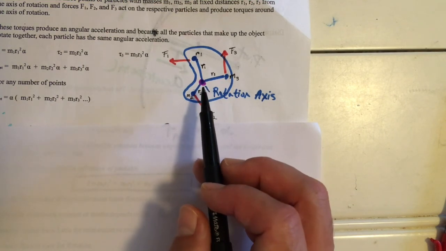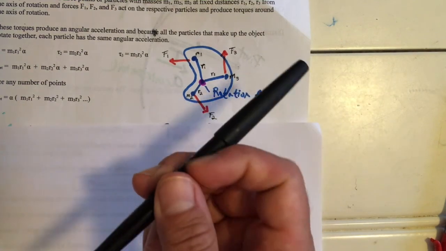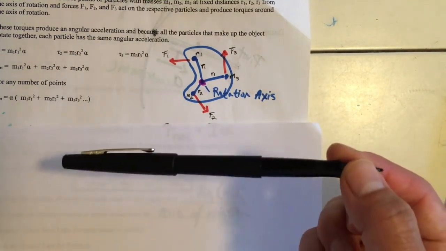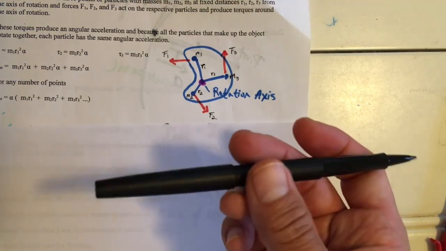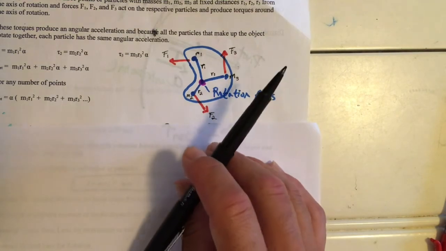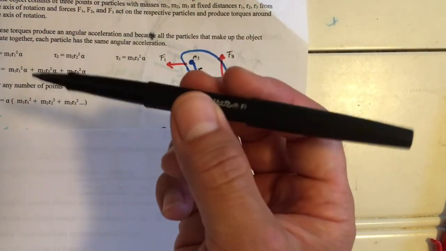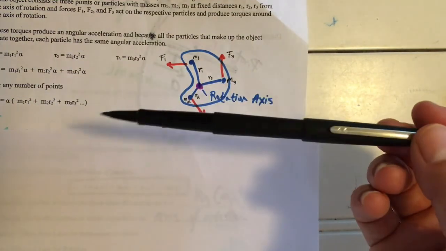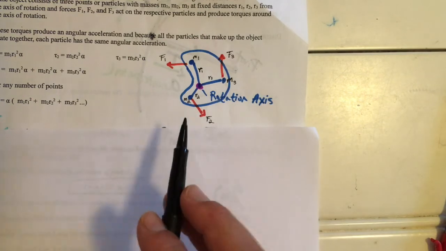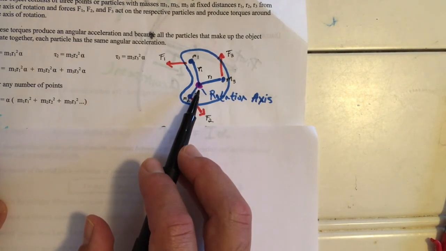Where the axis of rotation is matters, as I just said with the meter stick. If I rotate about the middle, it's different than rotating about the end, regardless of where the masses are. Even if the masses were attached out at the end of a meter stick, rotating here is still a different moment of inertia than rotating at the end. So the rotation axis matters. Right now it's right here at this point.